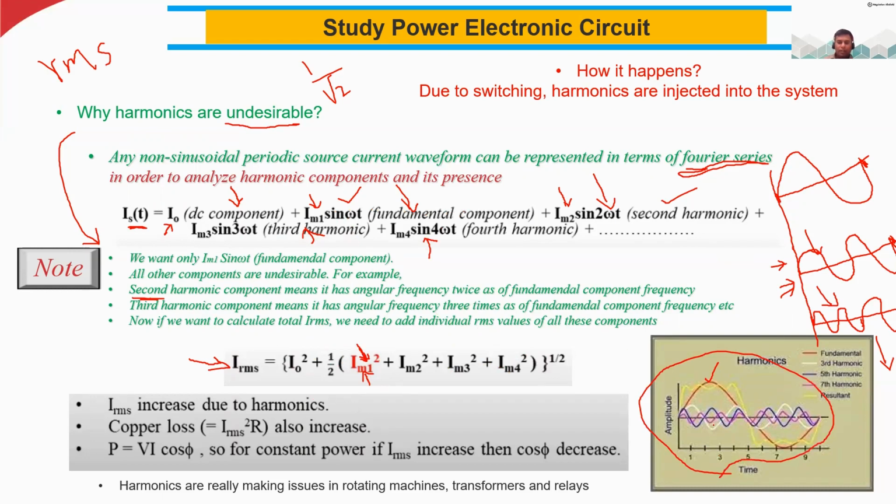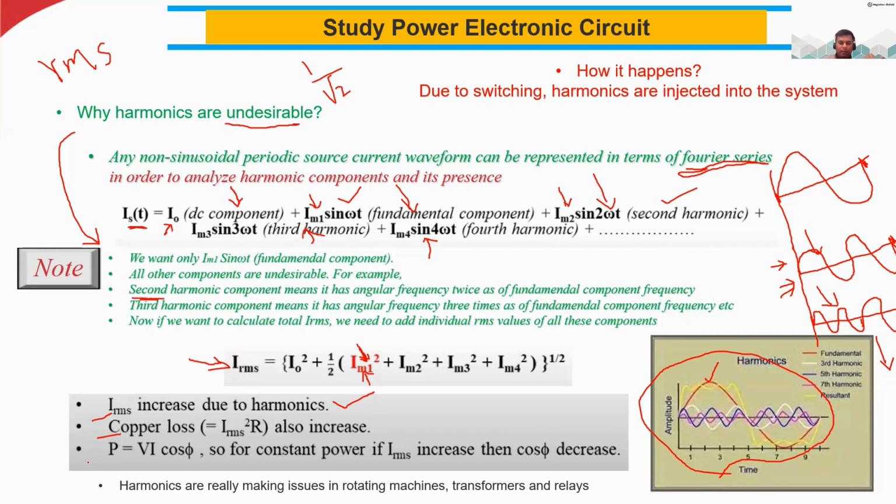Because of these harmonics, the value of IRMS, the total output current, is high. So IRMS is increasing due to harmonics. You can understand this naturally. Also, because of the high current flowing through the copper conductor, copper loss increases. This is another drawback of harmonics.